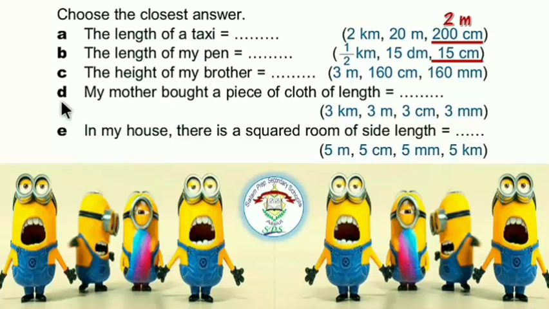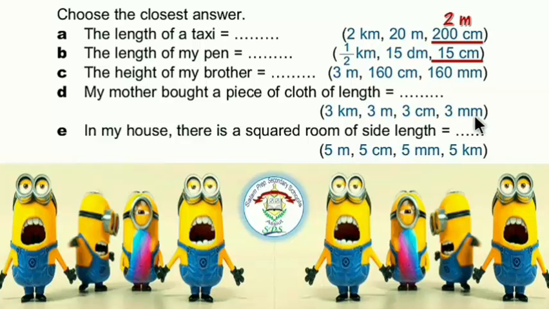The fourth one, my mother bought a piece of cloth of length 3 kilometers. It's not reasonable because kilometer is used for distance. 3 meters, 3 centimeters, 3 millimeters. Please take care.